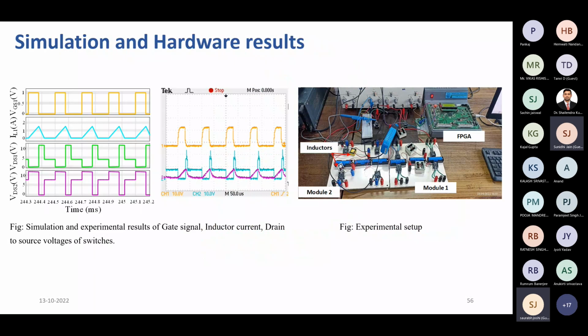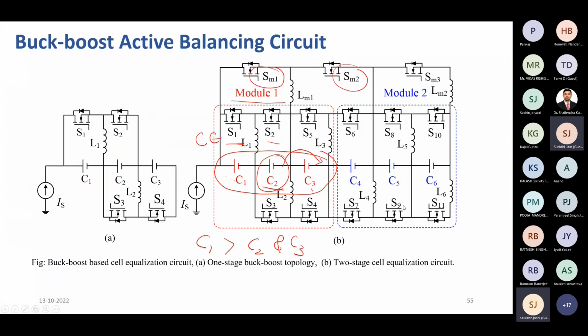With that, we have started with a hardware setup with two modules. Separately, I've shown module 1 and module 2. We made a configuration by connecting three cells, which are NCR, then module 2.